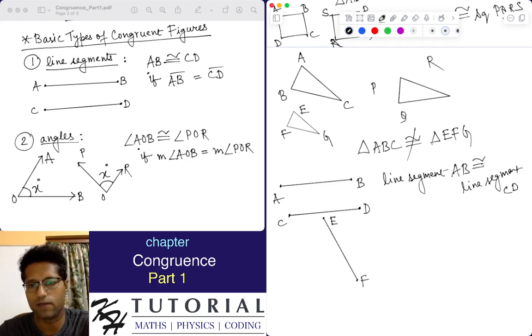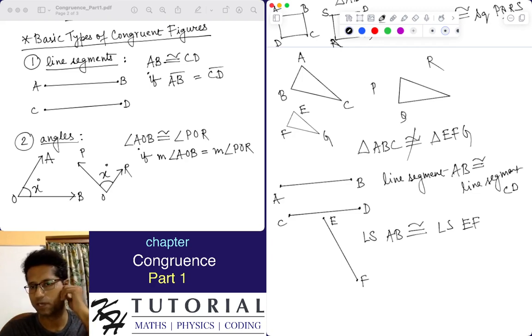I'm in short writing LS for line segment. So I will also have LS AB congruent to LS EF, because they have the same length. So two line segments, irrespective of their orientation, whether one is vertical or horizontal or at what angle, it does not matter. Their length should be same. Then only two line segments having same length are congruent. That is the main concept.